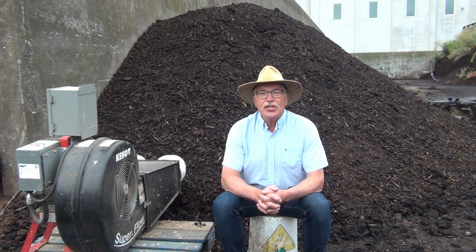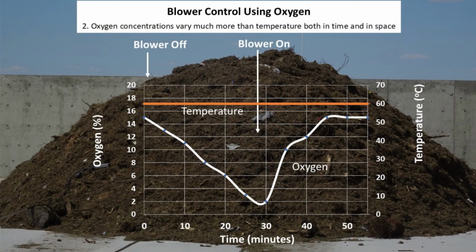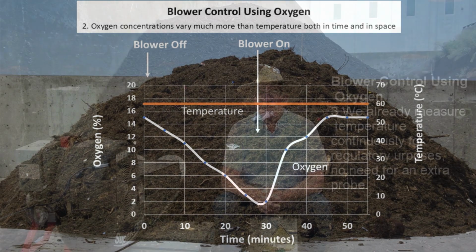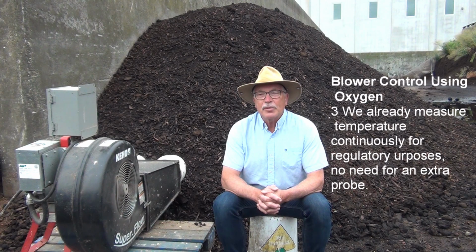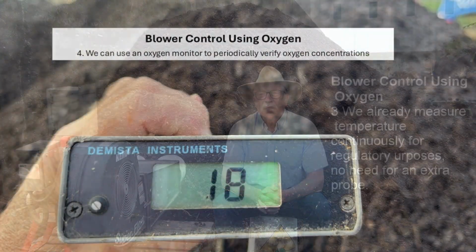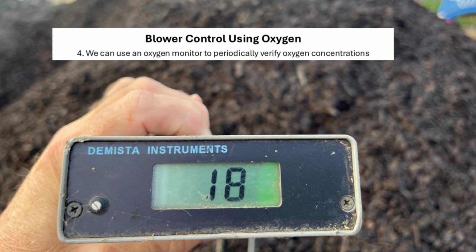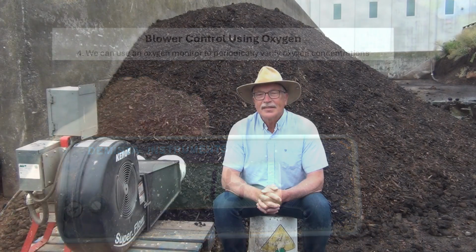Second, oxygen changes much more rapidly both in time and in space than temperature, making it more difficult to have meaningful control. Third, I measure and record temperature for regulatory purposes already. And fourth, I can use my oxygen monitor to verify oxygen concentrations, so I don't need to monitor it constantly.